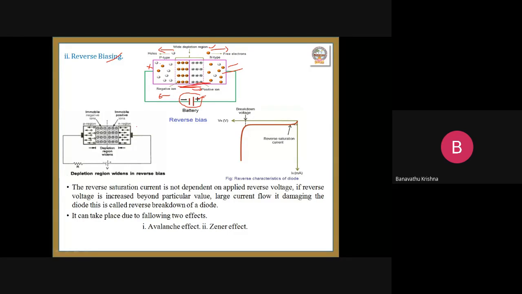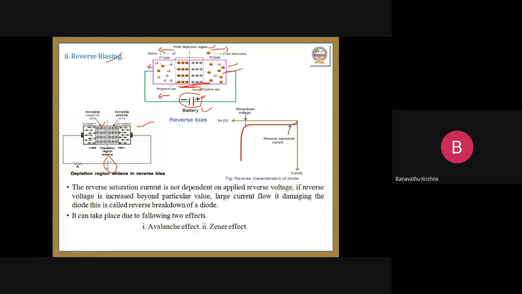Let us observe what happened here. The electrons are moving in this direction and the holes are moving in this direction. Due to this reverse voltage, the depletion region is wider. These are the immobile ions. These are the electrons, these are the holes, and near the junction are the immobile ions. Okay?